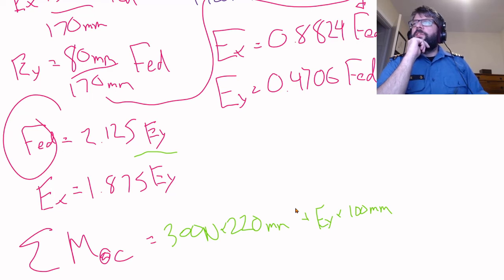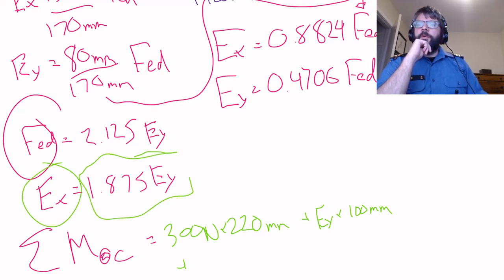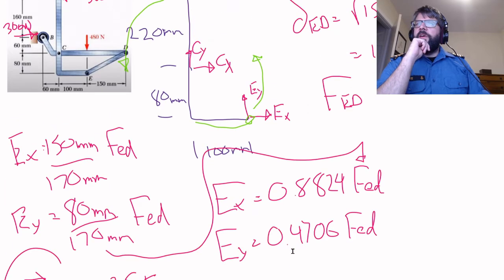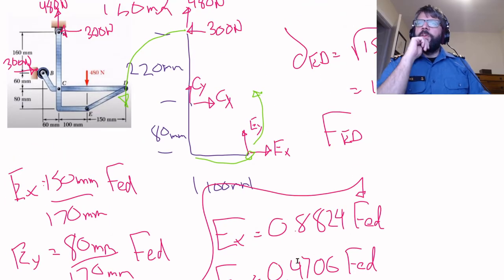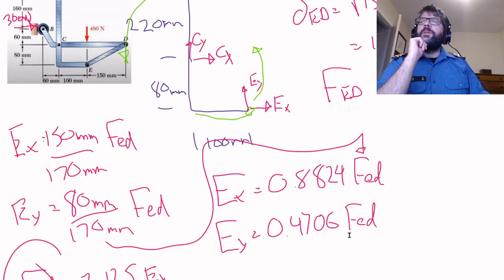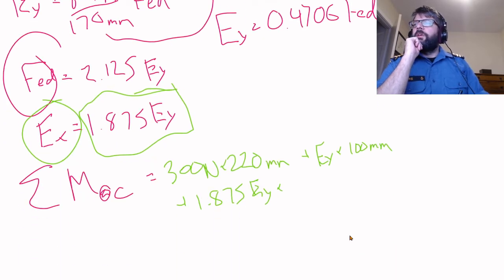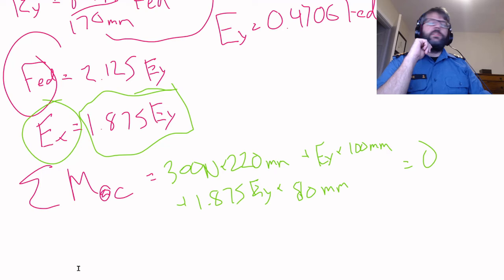And the EX component, except instead of EX, I'm going to plug in what I had here, 1.875 EY, times the horizontal component of the offset there, which is 80 millimeters. All that stuff's equal to 0.